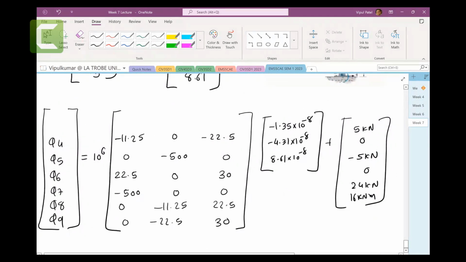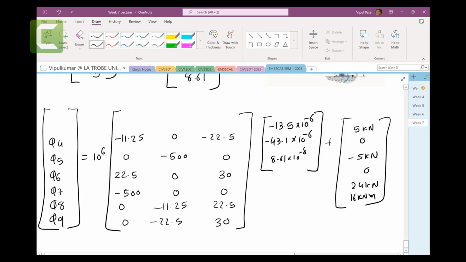Now to get these, probably we can change this one to 13.5. Let's make it minus 13.5 times 10 raised to minus 6. Let's make it minus 43.1 times 10 raised to minus 6. I'm just moving this so we can write it in that format.